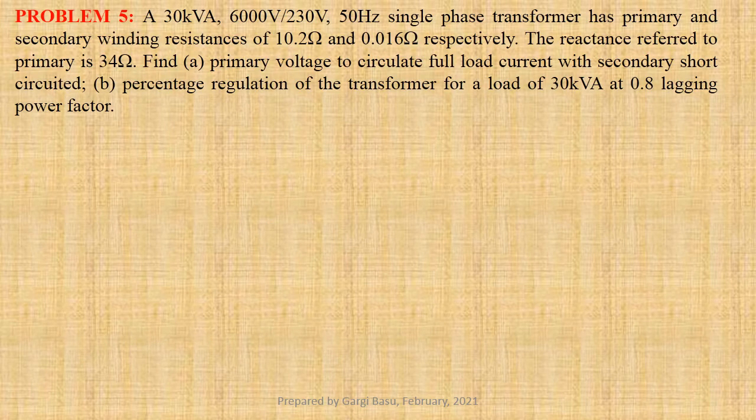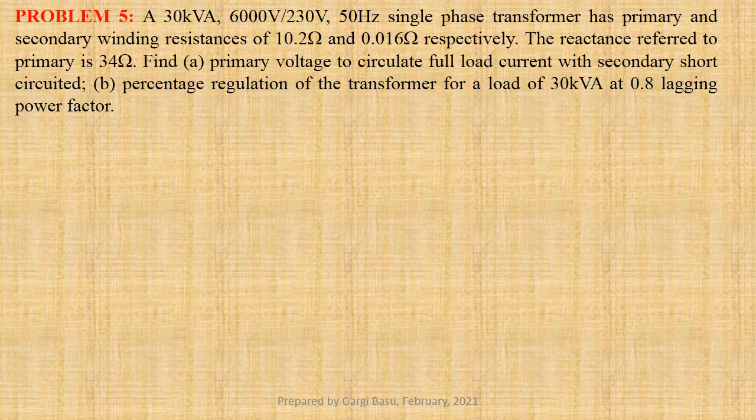Problem number 5. A 30 kVA 6000 volt by 230 volt 50 Hz single phase transformer has primary and secondary winding resistances of 10.2 ohm and 0.016 ohm respectively. The reactance referred to the primary side is 34 ohm.